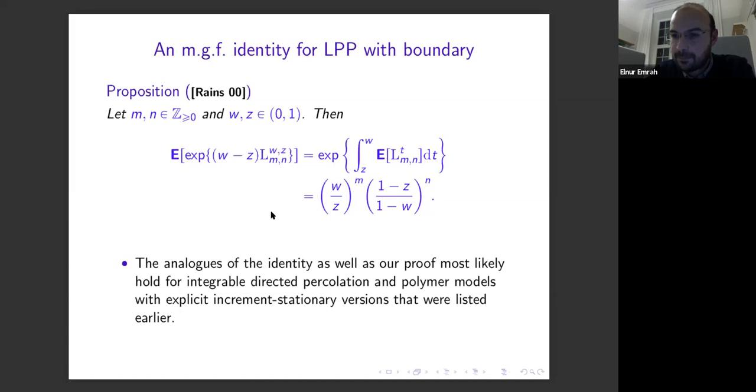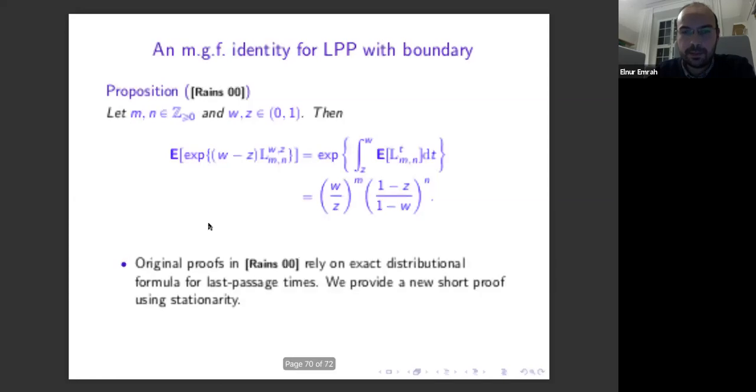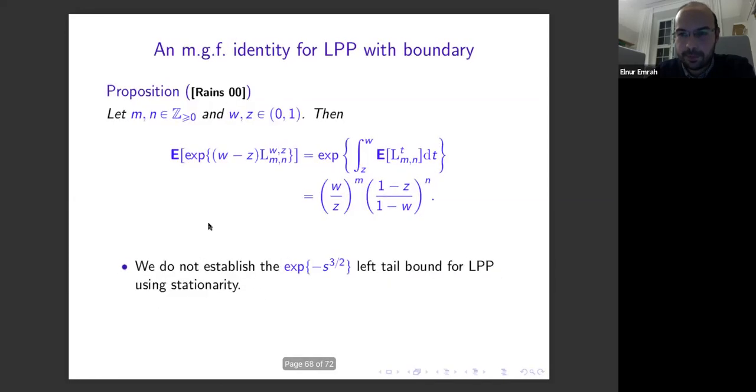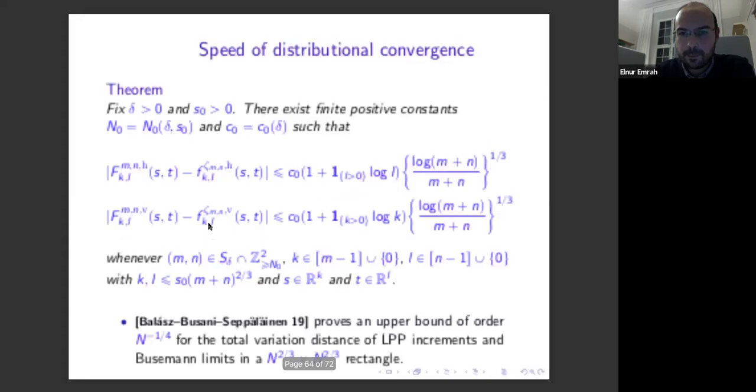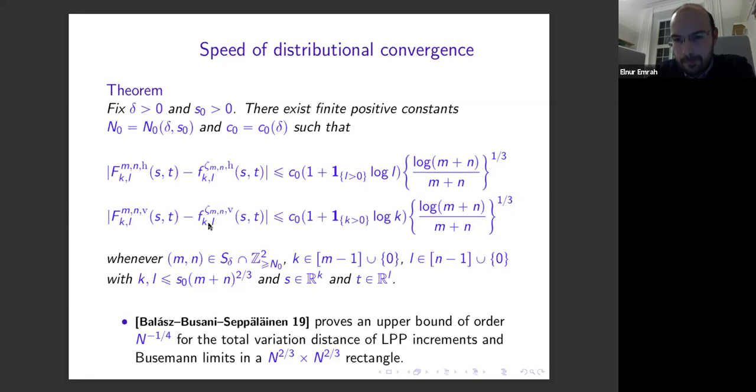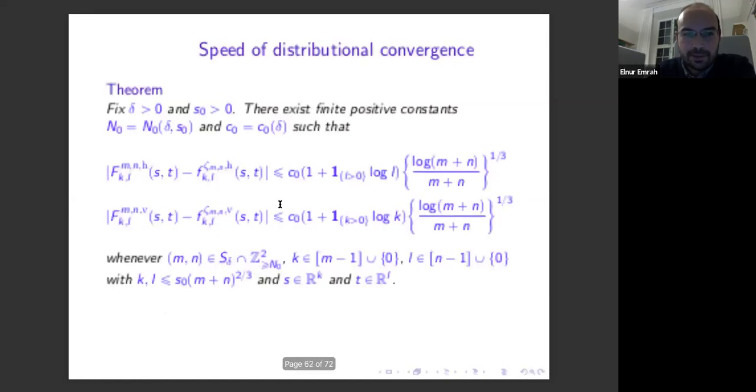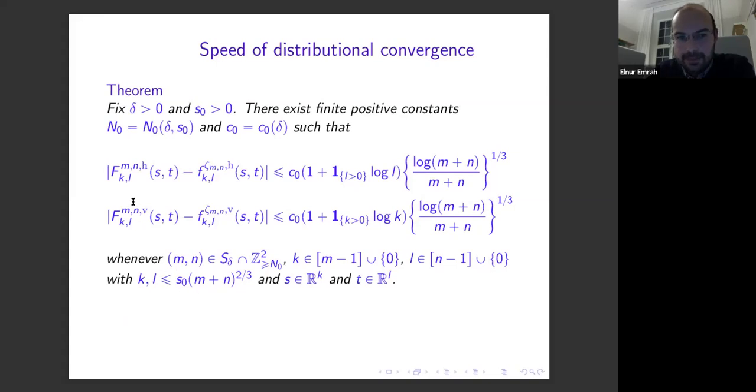Also, can you go back to the slide where you were saying comparing the CDFs? Yes, for the Busemann functions. Yeah, this one. So you were saying it can be improved when K and L also grow with N? So in this statement, I'm not comparing the CDFs, but modifications of the CDFs.